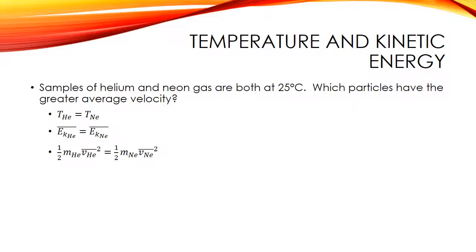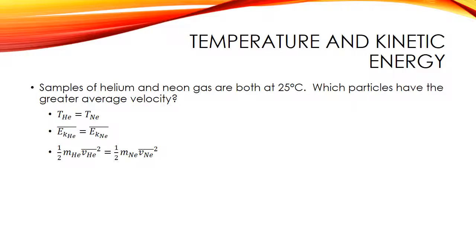And taking that a step further, we know that kinetic energy is 1/2 mv squared. So the average kinetic energy of the helium particles would be 1/2 the mass of the helium atom times the average velocity of those helium atoms squared. And that would equal 1/2 the mass of the neon atoms times the average velocity of the neon atoms squared.